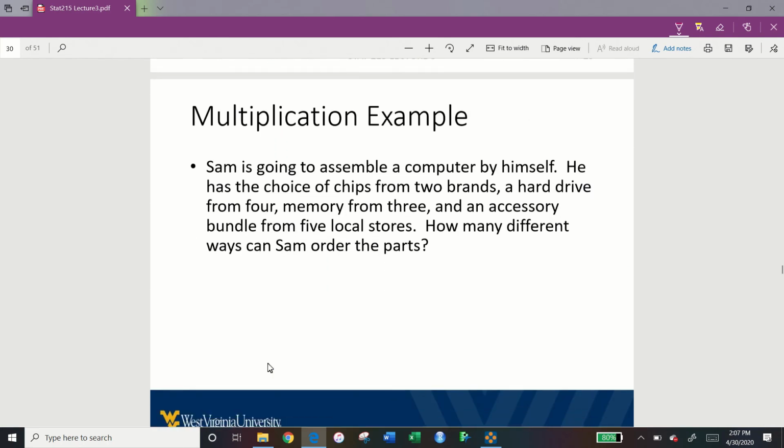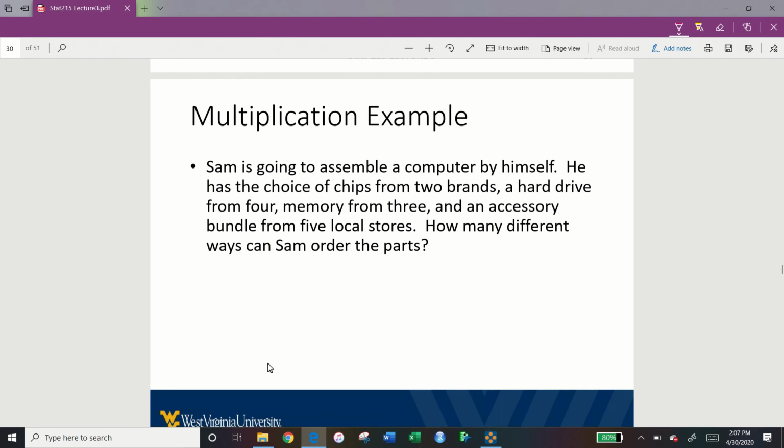Let's take a look at another example. Sam is going to assemble a computer by himself. He has the choice of chips from 2 brands, a hard drive from 4, memory from 3, and an accessory bundle from 5 local stores. How many different ways can Sam order the parts?